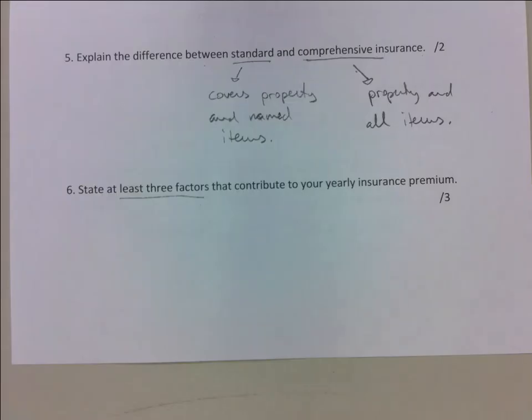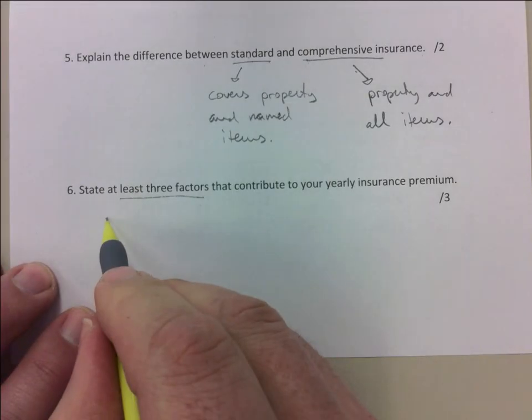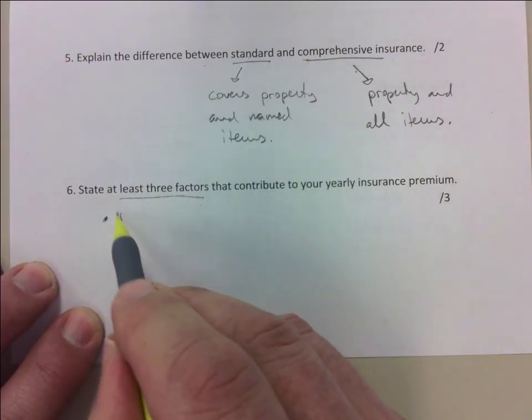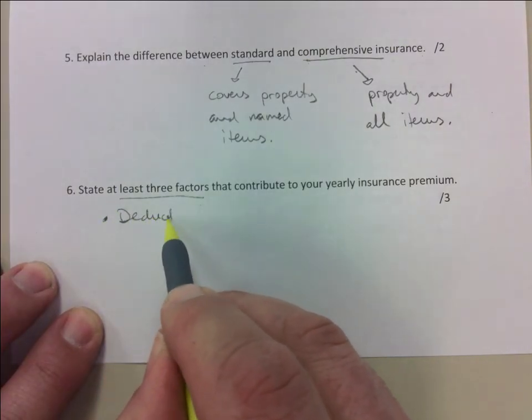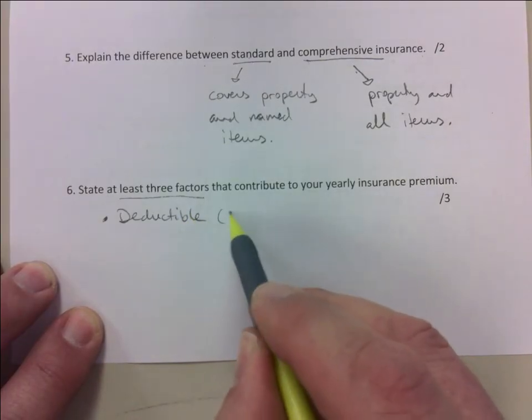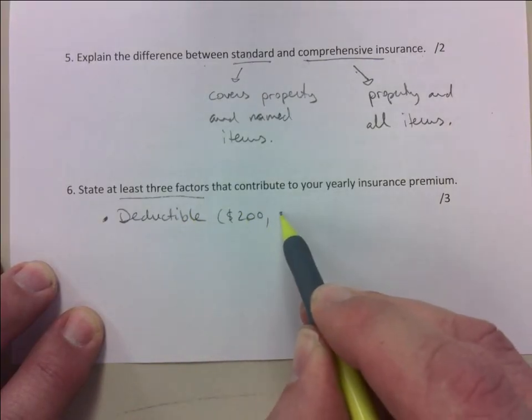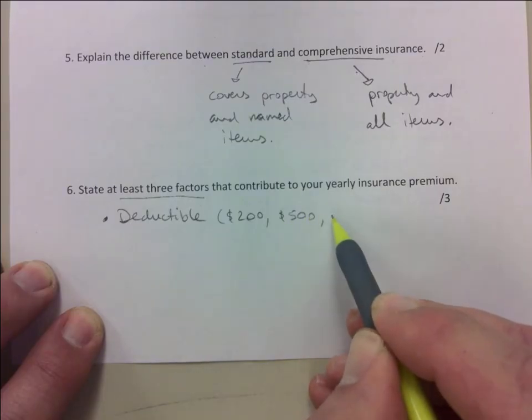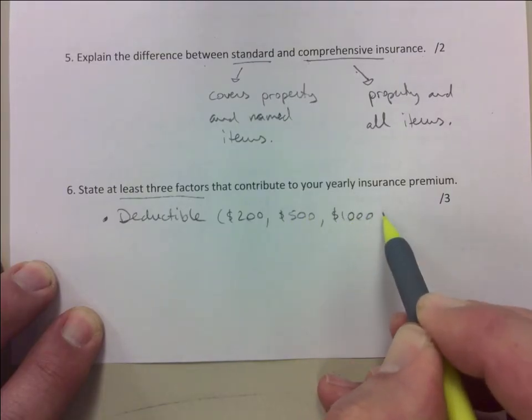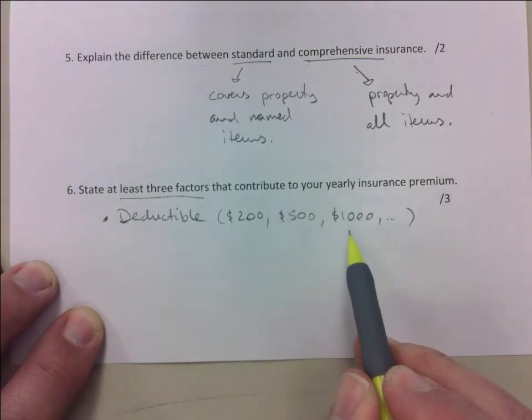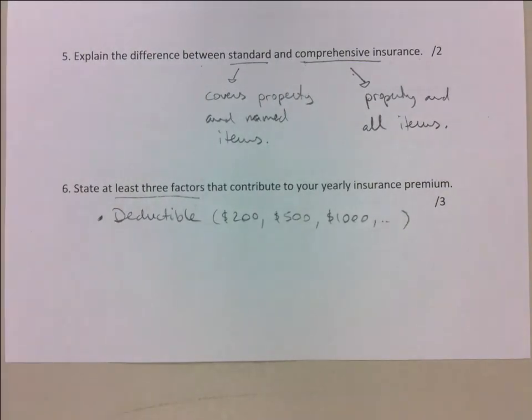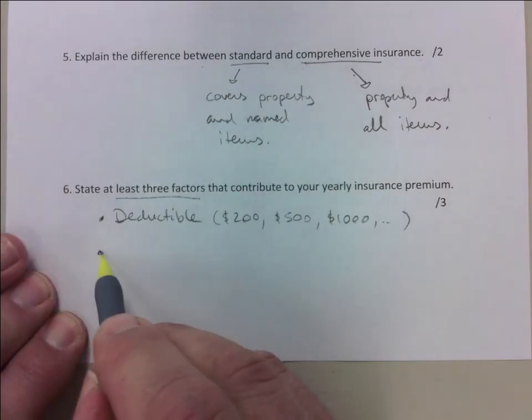State at least 3 factors that contribute to your yearly insurance. I mean, there's tons, right? Your deductible. Is it 200? Is it 500? Is it 1,000? I know we don't deal with 1,000 in this course, but the deductible can actually vary. Okay.